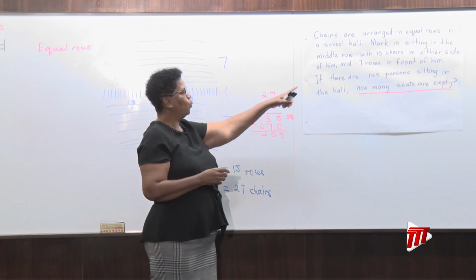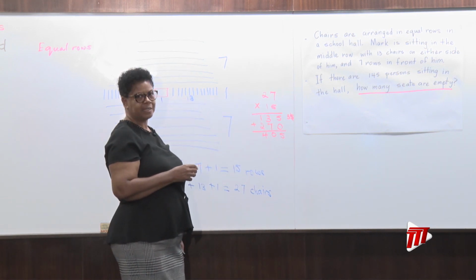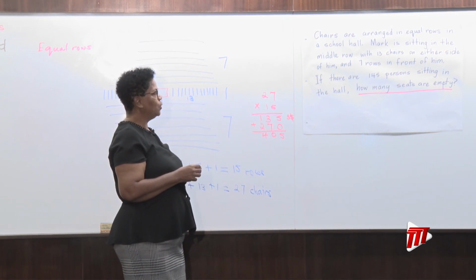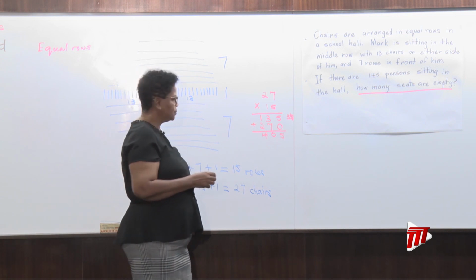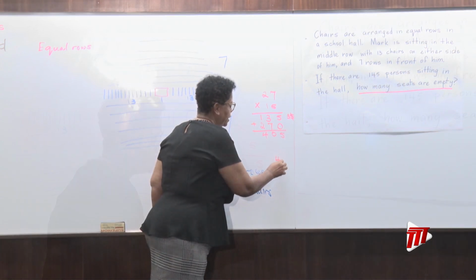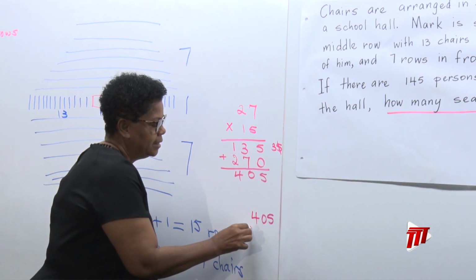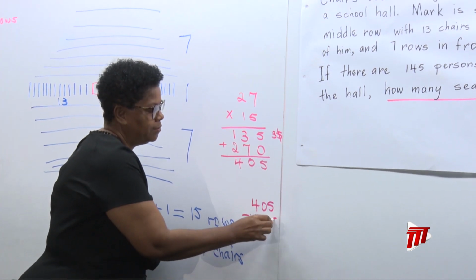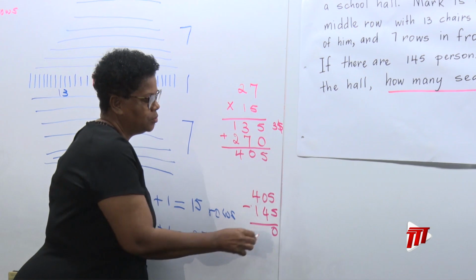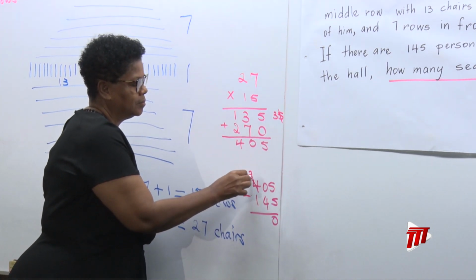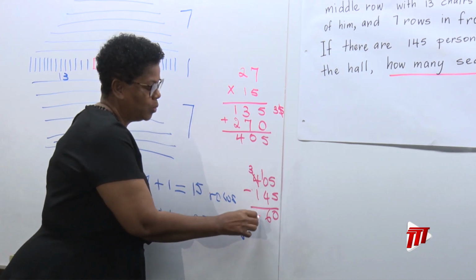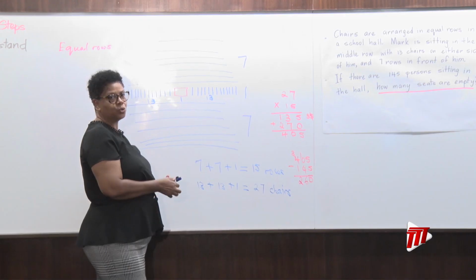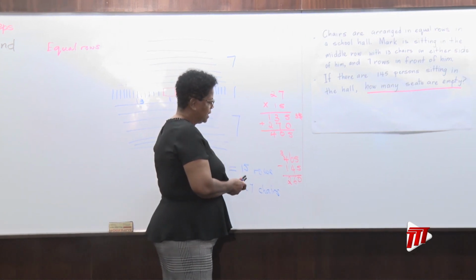And since there are 145 persons sitting, it means that in order for us to find out how many seats are empty, we're going to have to do a subtraction. So 405 take away 145, 0. 10 take away 4 is 6. And 3 take away 1 is 2. 260 seats are empty.